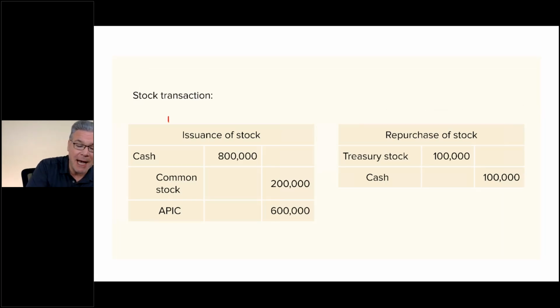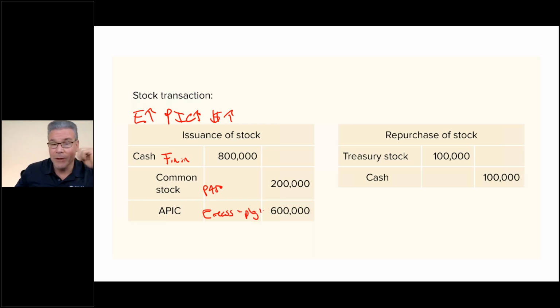When you issue stock, paid-in capital up. Whenever equity goes up, cash goes in what direction? Up, financing inflow. And then we segregate between the par value and the excess, which is our plug figure. Repurchase of our own stock: paid-in capital goes down anytime treasury stock goes up. Cash is going down, financing outflow.